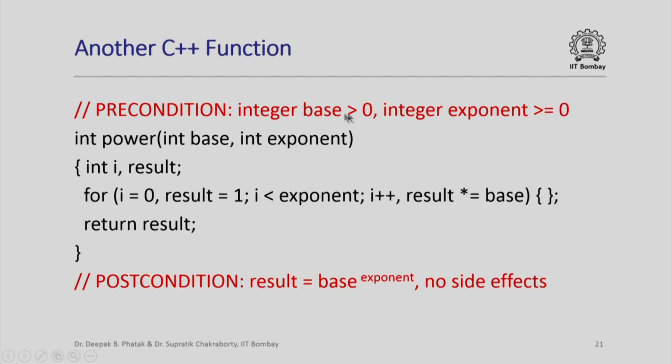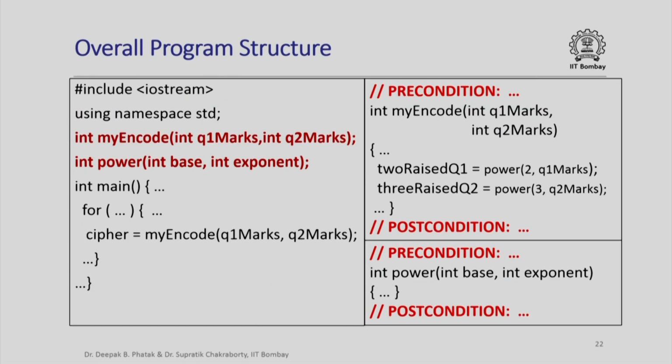It is going to assume as a precondition that the base is greater than 0, the exponent is greater than or equal to 0, and it is going to use that simple loop that we have already seen earlier, compute the result and return the result. So the post condition that it guarantees is that the result is base raised to exponent, and once again there are no side effects.